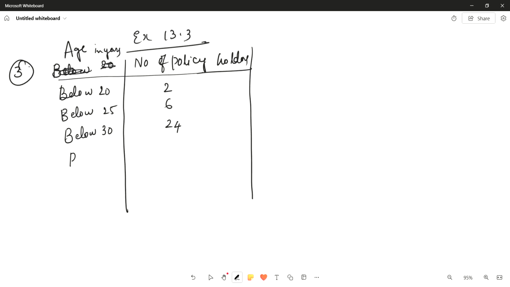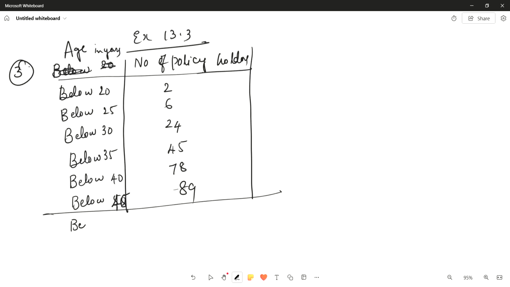Below 35, it is 45. Below 40, 78. Below 45, it is 89.